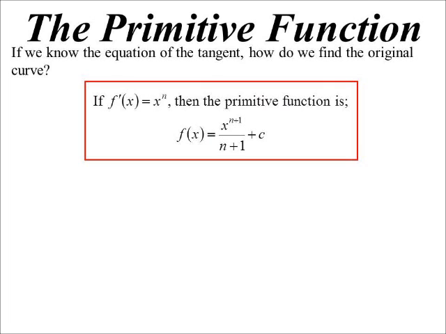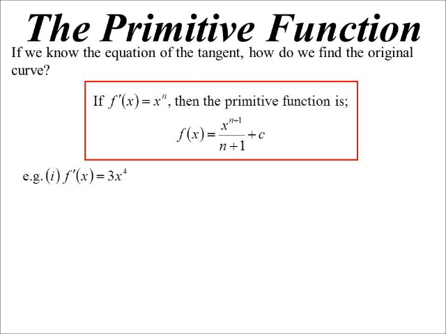Because when we differentiate a constant, we know we get 0. So when you integrate nothing, logically you're going to end up with something. We just don't know what it is. So we always put this plus c in because there might be some constant value there. And unless they give us more information, like a point that's on the original curve, we can't actually work out what that constant is.